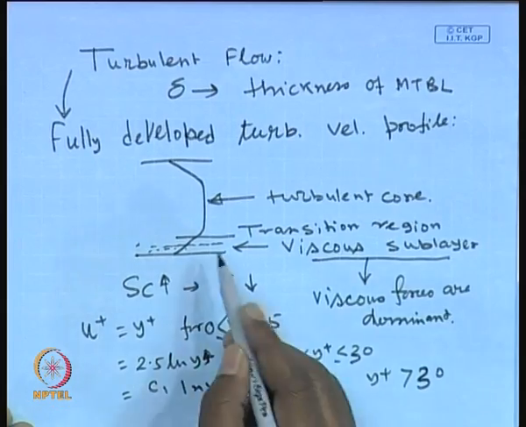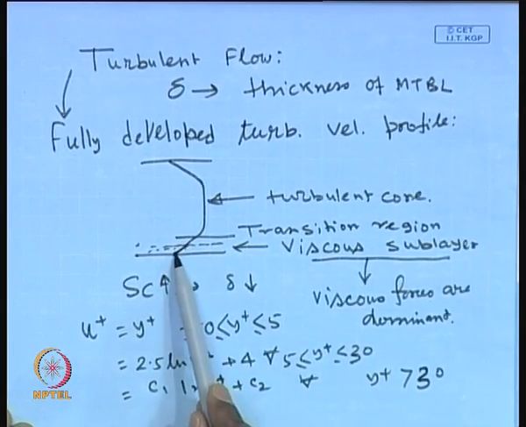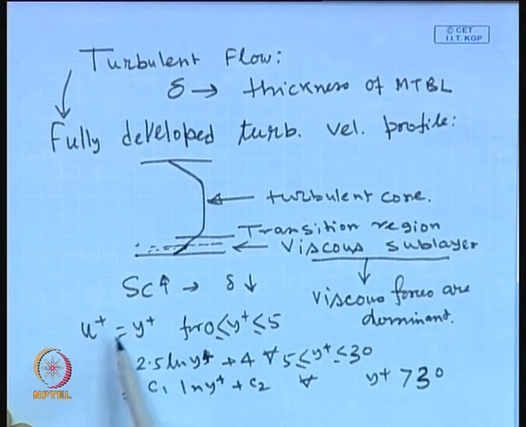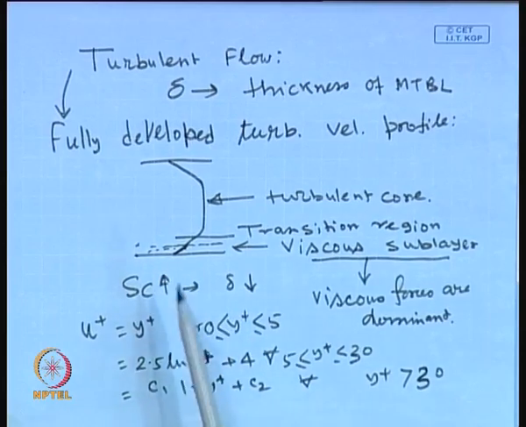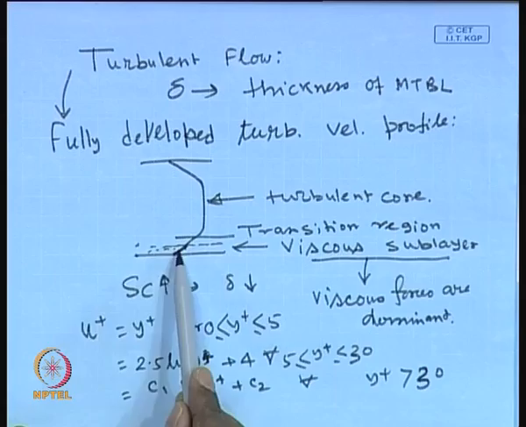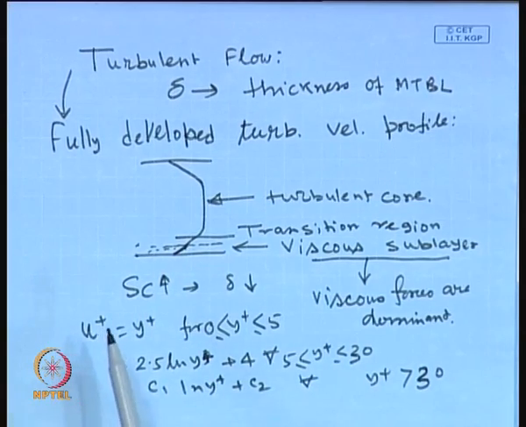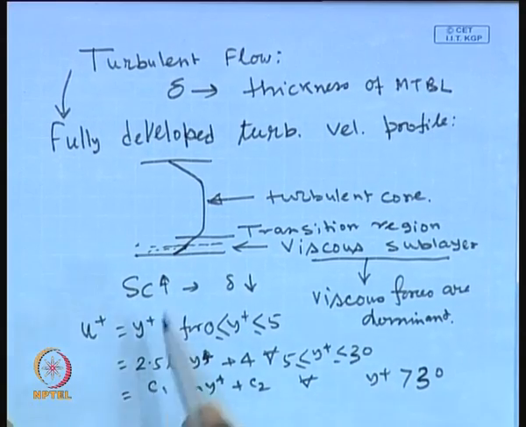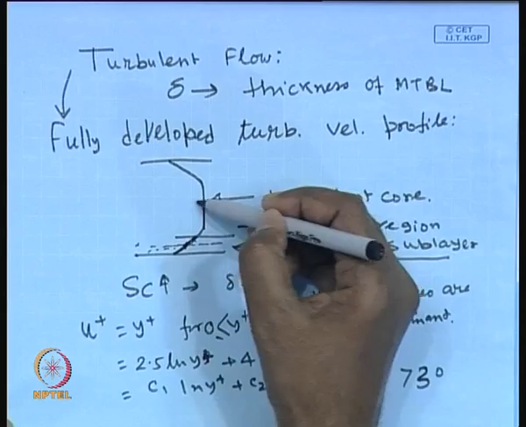That means the profile is linear within the viscous sublayer: u plus is equal to y plus, all these are non-dimensional terms, which I will come to. That is for y plus 0 to 5, from the wall to a particular distance, the viscous sublayer. Beyond that it is a turbulent core.